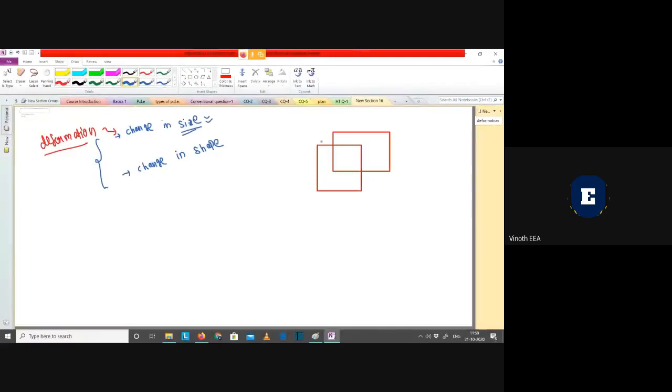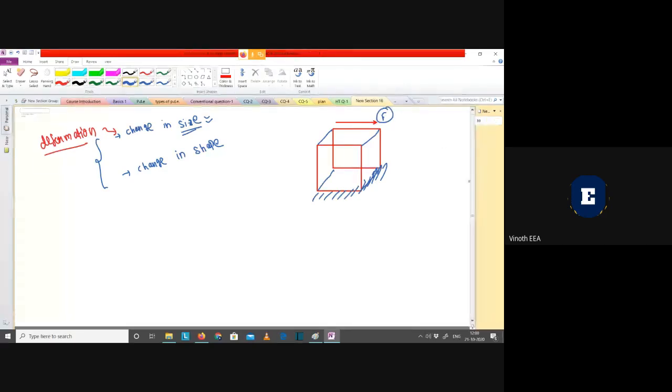I'm taking a cube, or a cuboid, whatever it is. Just consider that I'm fixing it at the bottom. The bottom side is fixed. I'm applying some shear force, a transverse force, from the top. What will happen if I apply a force like this?